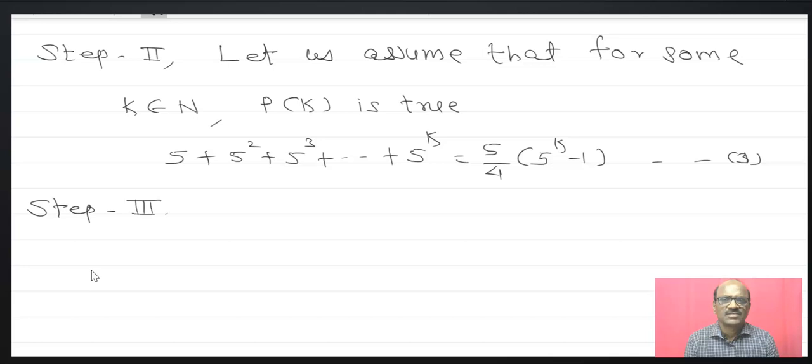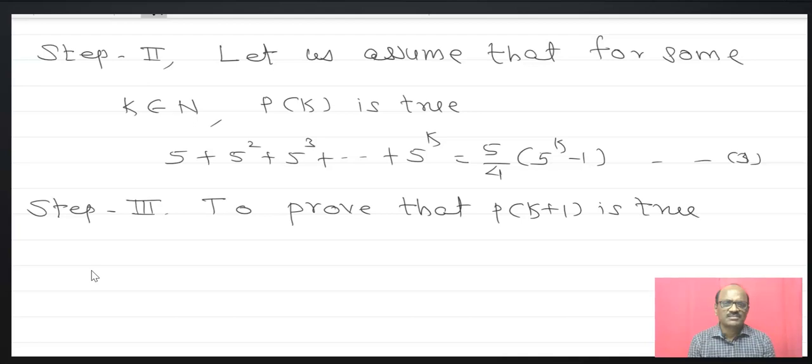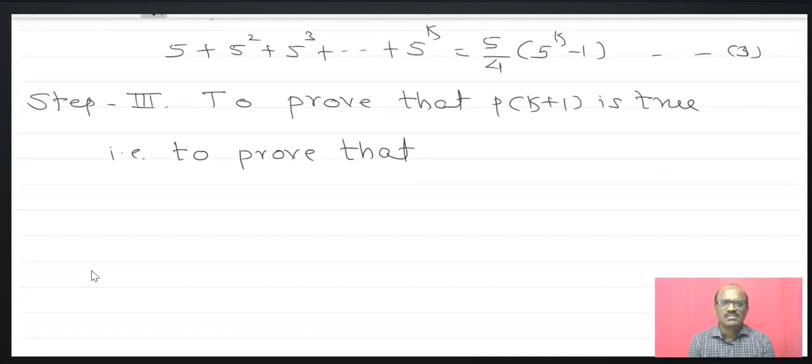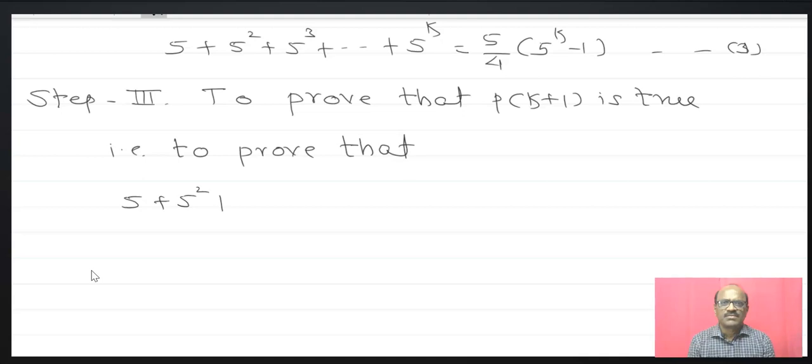And now the step number 3. This is the succession. That is, to prove that the given result is true for n equals k plus 1. Now in this case, 5 plus 5 square plus 5 raised to 3 plus 5 raised to k plus 5 raised to k plus 1 is equal to 5 by 4 times (5 raised to k plus 1 minus 1).